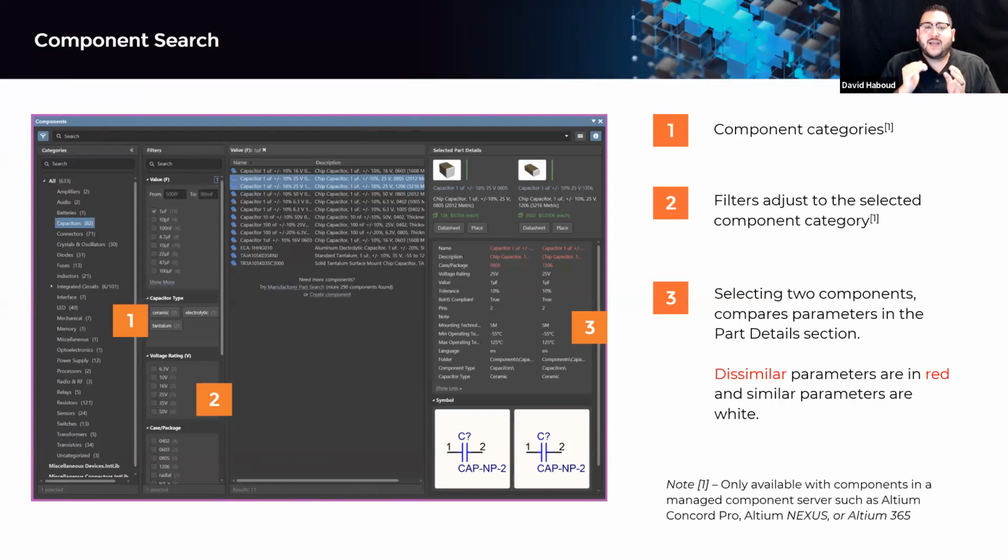And once I have found potential components, I can actually compare them and see similar and dissimilar parameters, dissimilar parameters being in red and similar parameters being in white. So I can make comparisons very quickly, including seeing symbols and footprints. And I can make a placement decision in seconds and just drag and drop it onto my schematic very quickly.